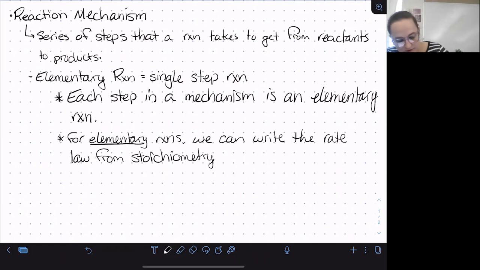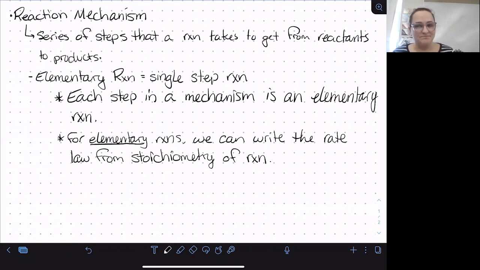Again, this is only true for elementary reactions, for the individual steps in a mechanism, or if you are told that a particular reaction is elementary. If you do not know that to be true, the only way that you can write a rate law is from data, like we did the other day.